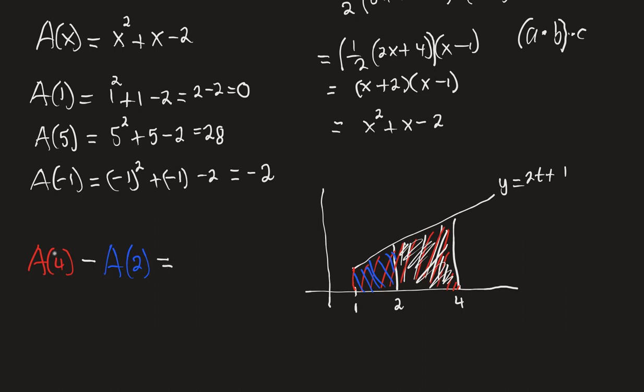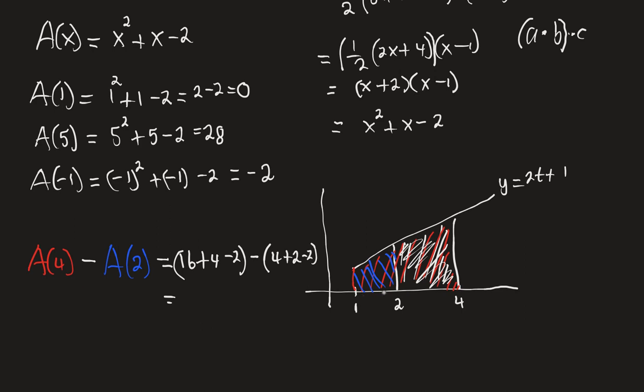I think that's enough patriotism in one video. A of 4, what's A of 4? So that will be 16 plus 4 minus 2. And then subtract, what's A of 2? So that's 4 plus 2 minus 2. And we should get something positive. Why?